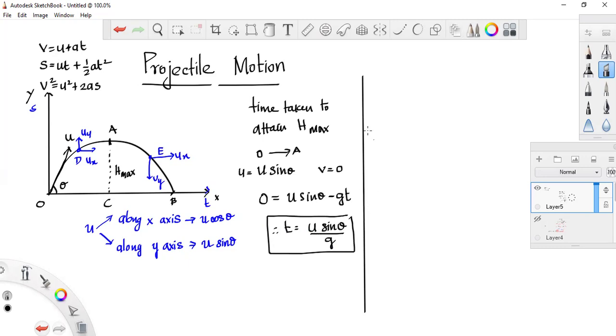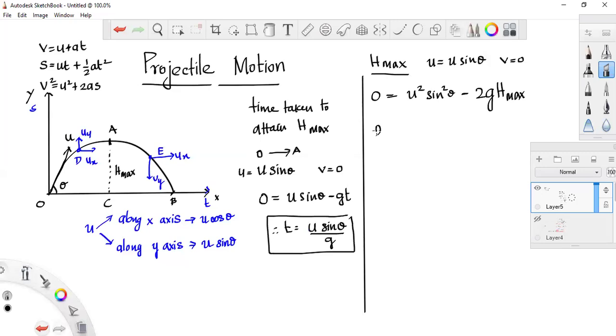Simple. Now let us find H max. What is the maximum height attained? I'm going to use the third equation, where the initial velocity is u sin theta and the final velocity is going to become 0. Let's substitute. So 0 is equal to u square, and in place of u square we get u square sin square theta, minus 2, with g in place of a and H max in place of s.